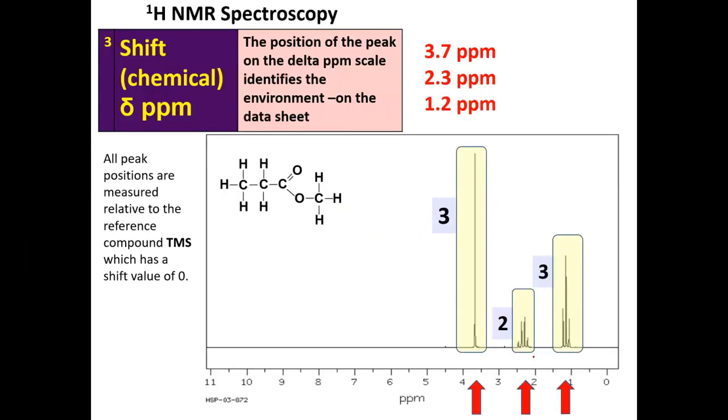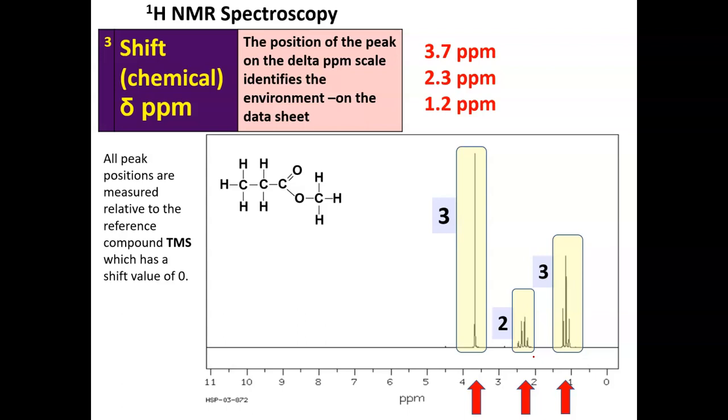Okay. The third level of analysis to come on to now is the chemical shift scale, which we are familiar with from the carbon NMR, but of course this time the chemical shift scale is referring to protons, and the shift values are much lower, remember, between about 0 and 11 or 12.